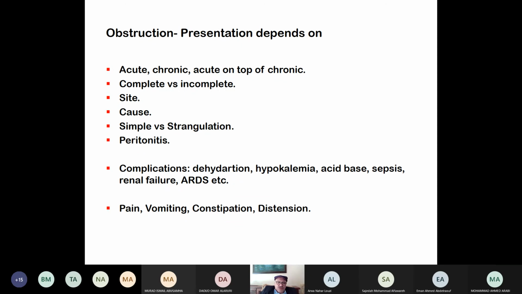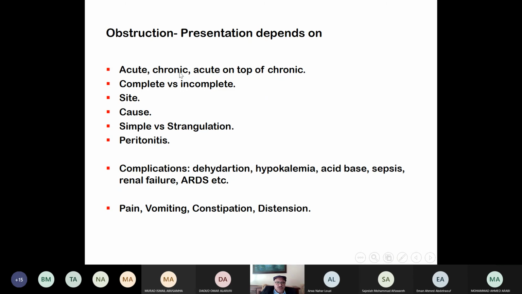There is a difference between superior mesenteric artery occlusion and intussusception and hernias, etc. What is common to them is the first presentation: pain, vomiting, constipation, and distension. What is common to them is the end result of dehydration, hypokalemia, acid-base imbalance, renal failure, ARDS, sepsis, and death. But what is in between will vary much depending on so many variables and factors.